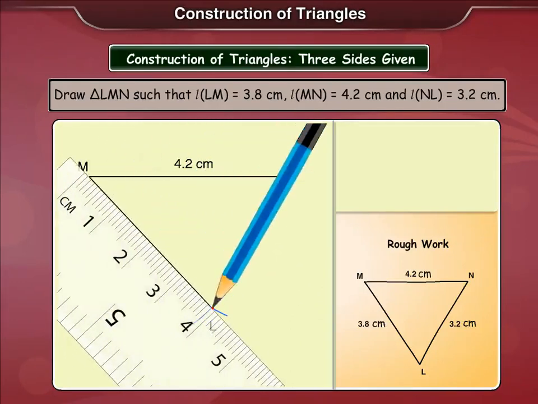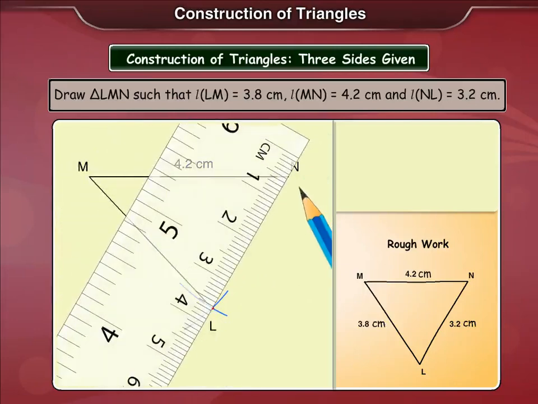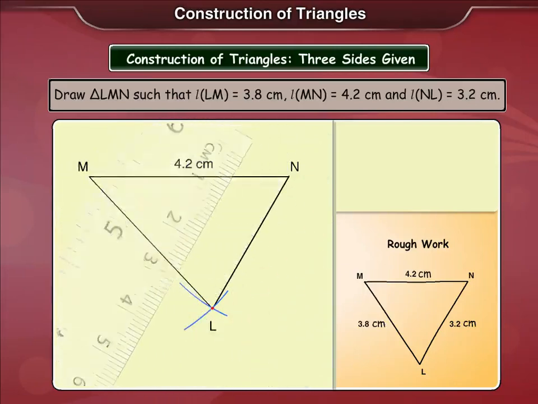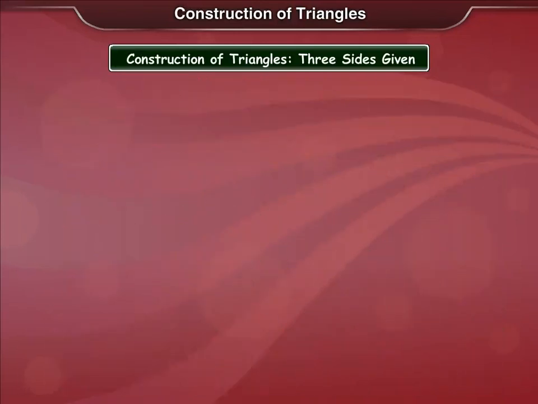Let's practice constructing triangles when the lengths of all three sides of a triangle are given. Draw triangle ABC such that the length of side AB is equal to 3.6 centimeters.